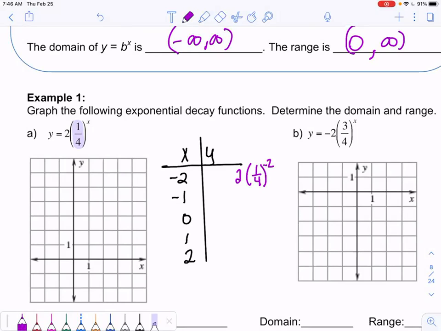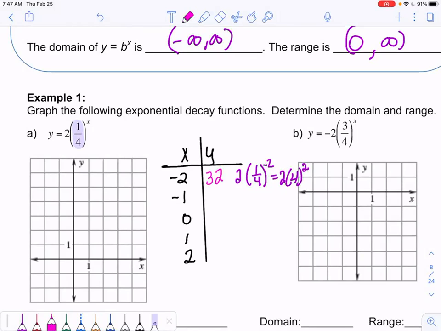So if it was 4 to the -2, it becomes 1/4 squared. Well, it is 1/4 to the -2. So it flips and it becomes 4 squared. That's what a negative exponent does. It flips your fraction. 4 squared is 16 times 2 is 32.